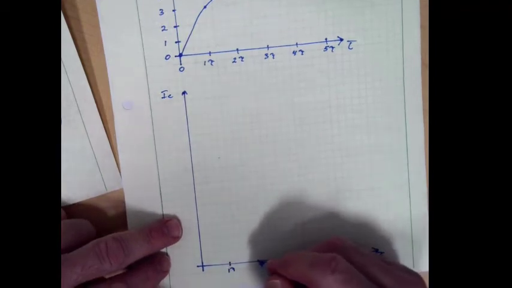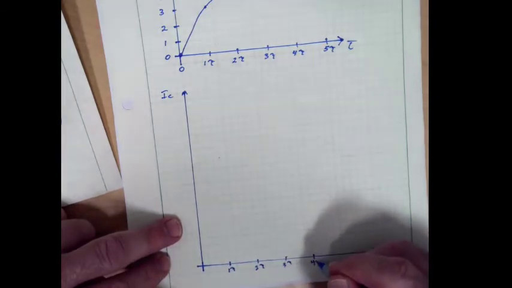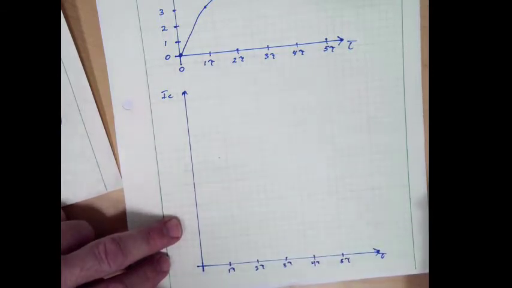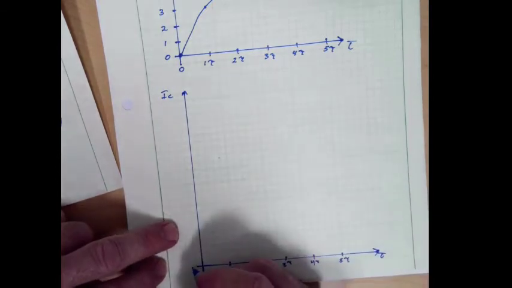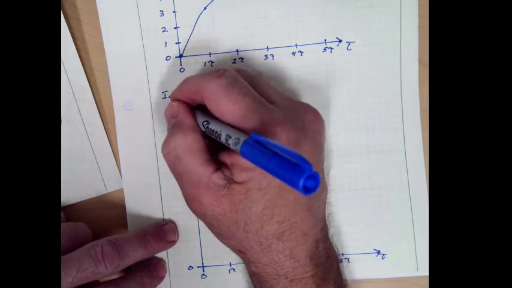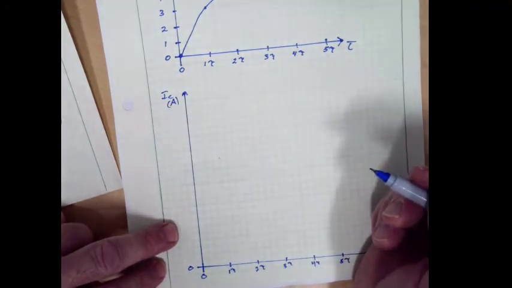So that's 1 tau, 1, 2, 3, 4, 2 tau, 1, 2, 3, 4, 3 tau, 4 tau, and 5 tau. Okay, and then our current goes from about 1.84 amps down to 0.03. So obviously this will be 0 amps, and that will be 0 time, and that will be in amps.